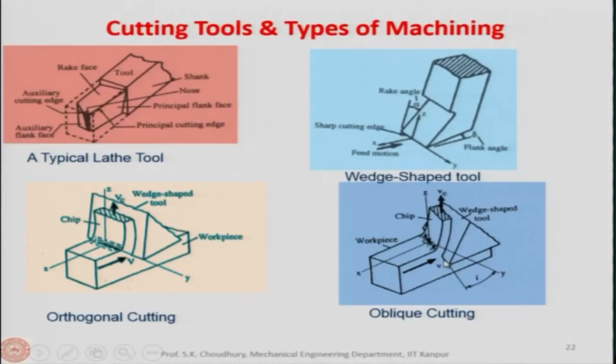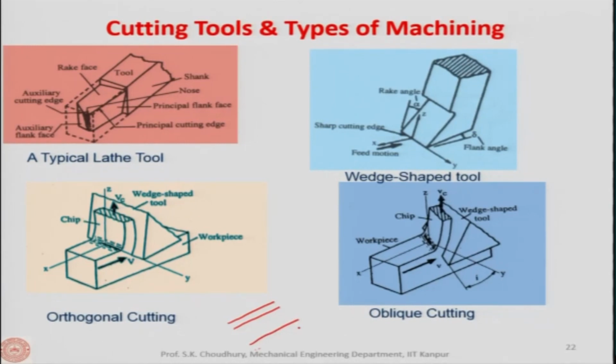Whereas, in case of oblique cutting, okay, the material will be grabbed gradually because it is inclined, and therefore, the tool strength available will be more. Okay. So, for this purpose, the oblique cutting is normally used in practice, all right, and you will see in all practical purposes the cutting processes are oblique cutting, okay, where the tool is inclined with respect to the cutting velocity vector.